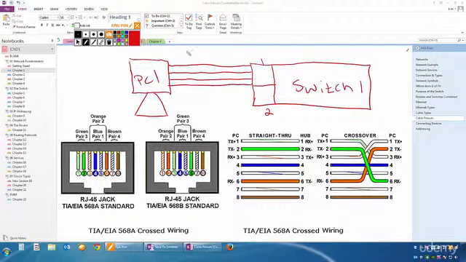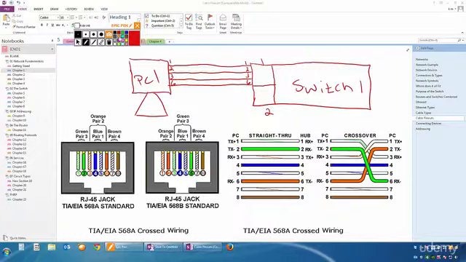Coming from one network card to the other, I'm going to have, coming out of my PC, pin 1, 2, 3, sorry, not 4, 6. 1, 2, 3, and 6 are going to be the pins that I'm using to do my communication.